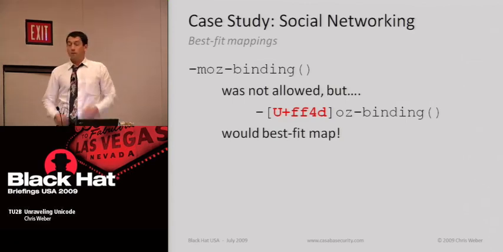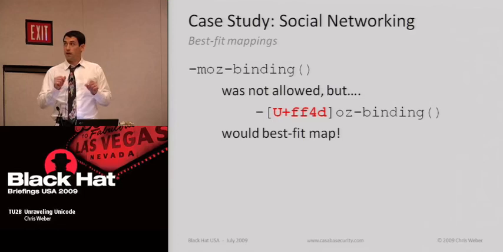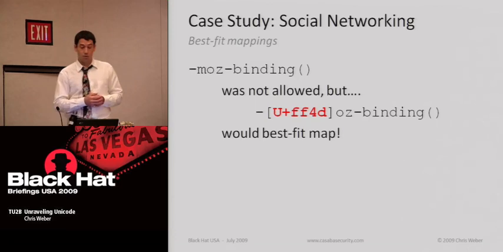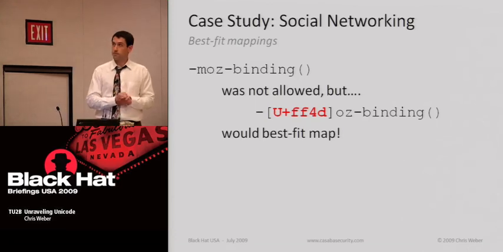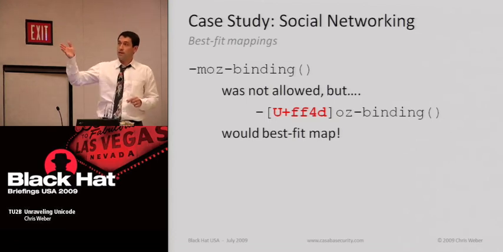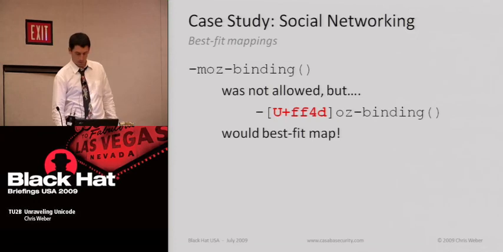They were specifically forbidding the Moz binding attack vector, which I don't think is much of an attack vector anymore since they neutered it to be domain specific. At the time though, you could cross domains with Moz binding, so it was pretty cool. But by inserting a full width character, they would best fit map this full width M back to an M somewhere down the stack of what they were doing. We ended up with an attack that was pretty cool.